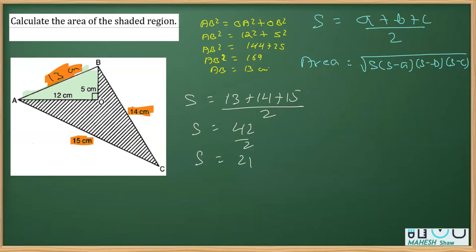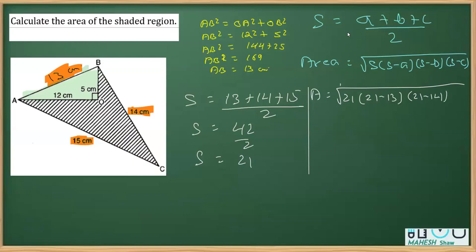So once we get S, now we can find the area of this triangle using this formula. So the area A is equal to whole under root S, and I'm replacing S with 21. S minus A, say 21 minus 13. S minus B, which is 21 minus 14.